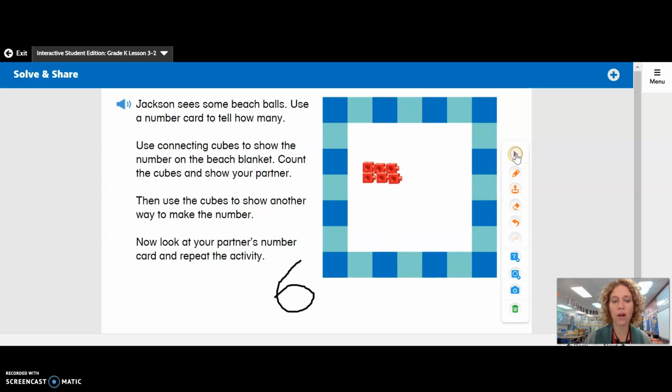Does that show 6 also? Yes. So the first time I showed 6 by having 6 all in a row, and the second time I showed 6 with 3 on top and 3 on the bottom. But both of them were the number 6.